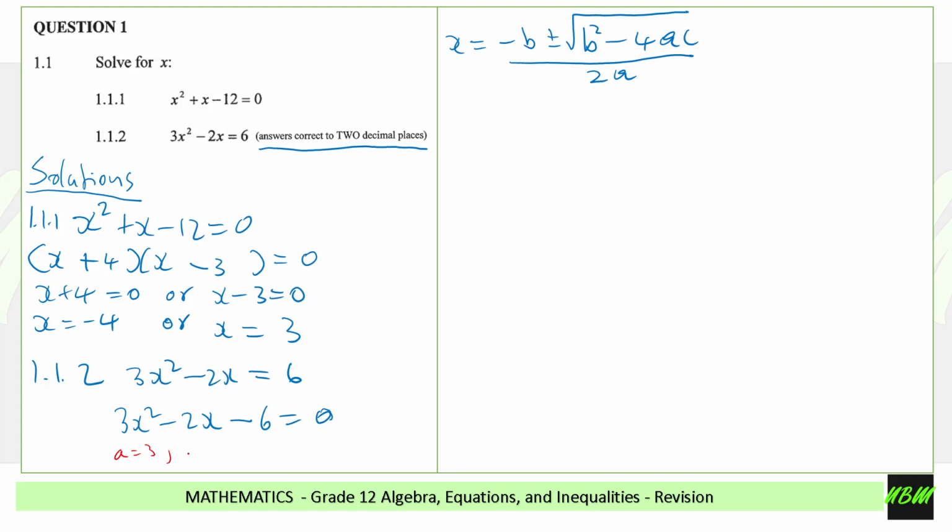b is the coefficient of x. b is equal to negative 2. And c is the constant number. c will be equal to negative 6.